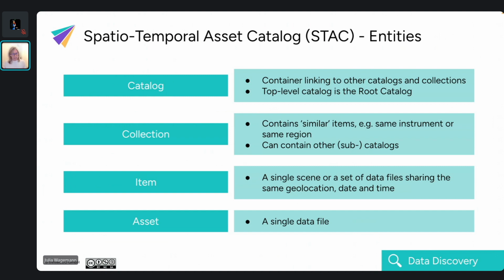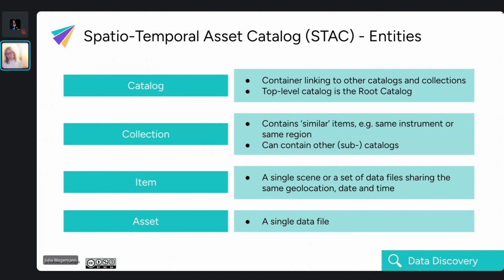A catalog can have multiple collections, and a collection groups similar items, for example data from the same instrument or from the same region. Under a collection, you can have again other subcatalogs. It gives you quite a flexible way to describe your data offering.